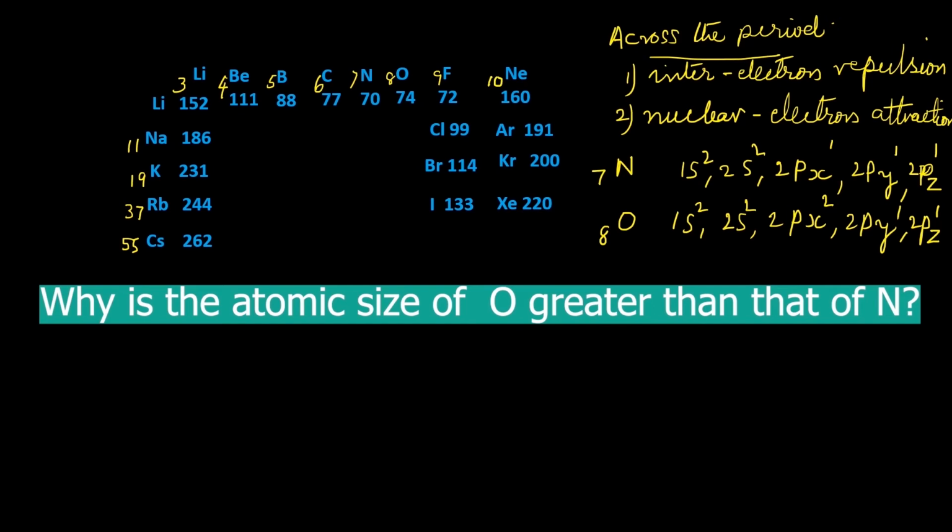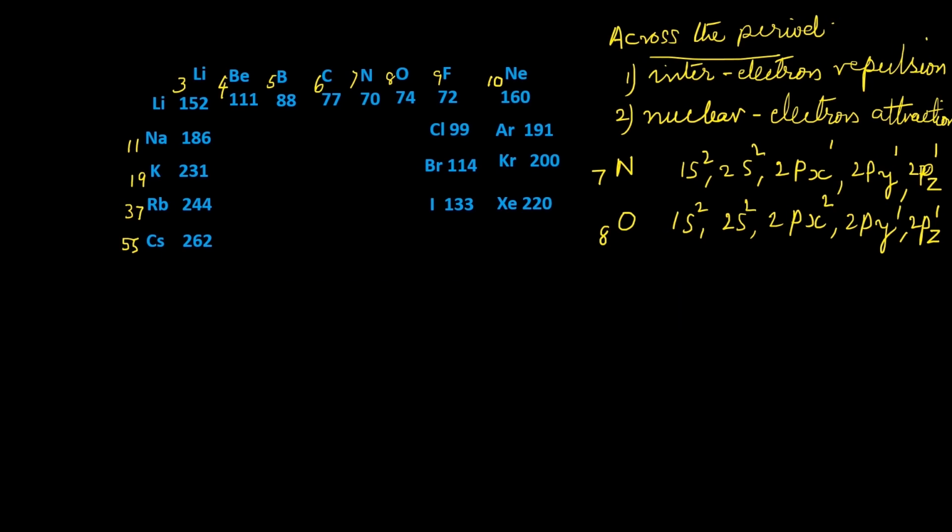So the additional electron may remain in the x, y or z orientation. Here I have shown it in the x orientation. So the electron repulsion will be more than the repulsion in the case of nitrogen, in spite of increase in nuclear charge.